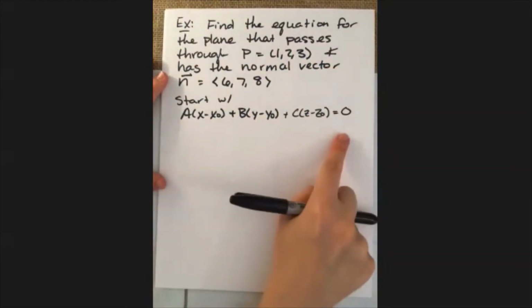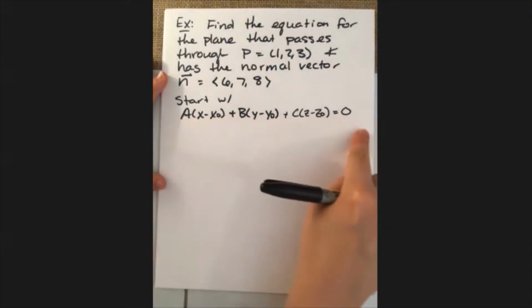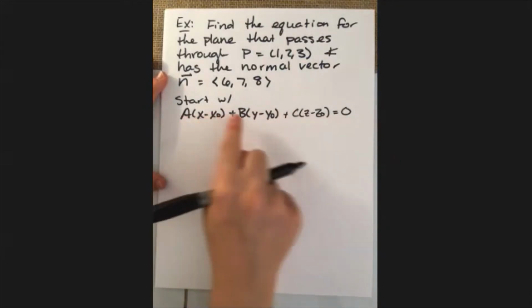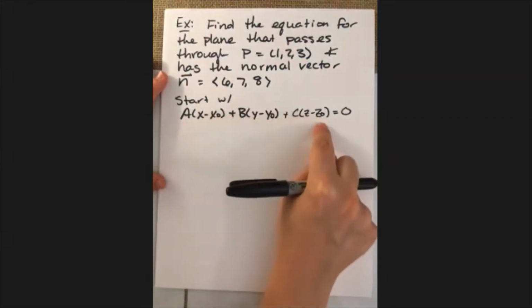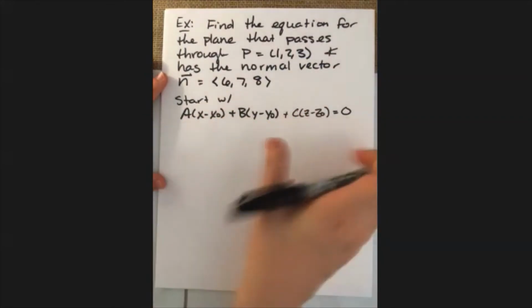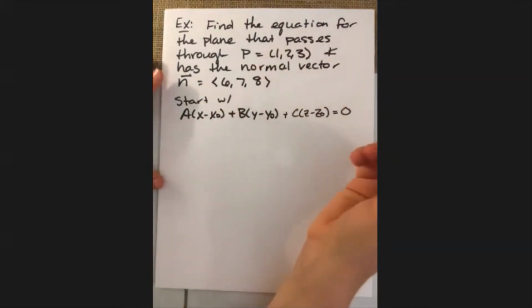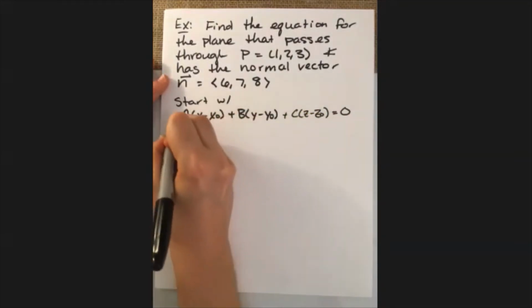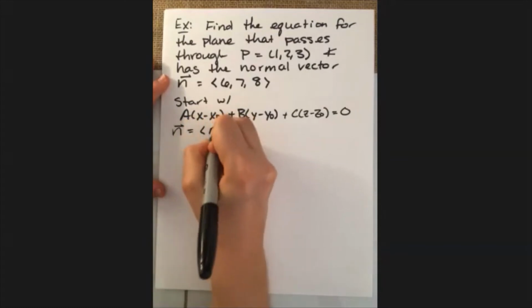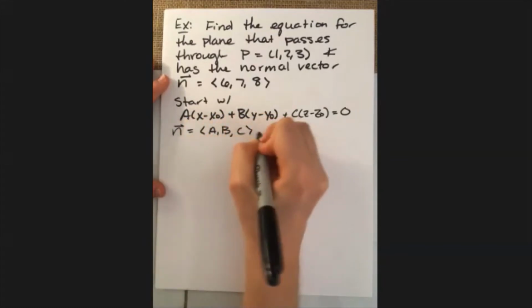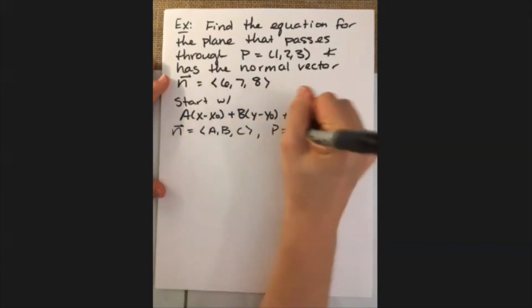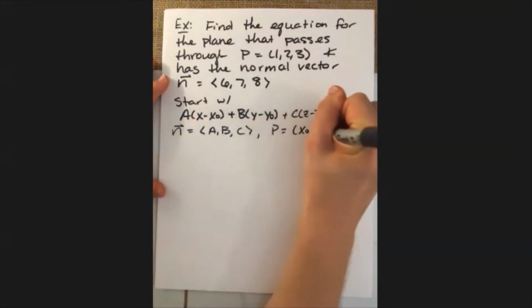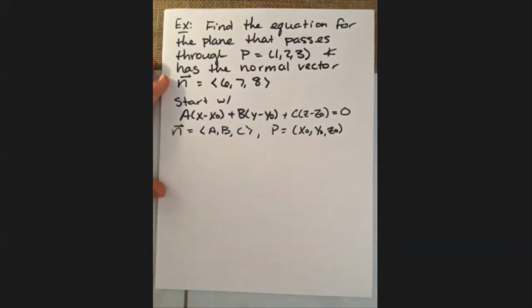And the reason that we start with this equation as opposed to the other one is because it shows us each one of these pieces that we're looking for, the a, b, c, and the x naught, y naught, and z naught, as opposed to the other one, which kind of has a tendency to already have them all lumped together. So in this case, like I said, n is what gives us a, b, and c. And our point is what gives us the x naught, y naught, and z naught.